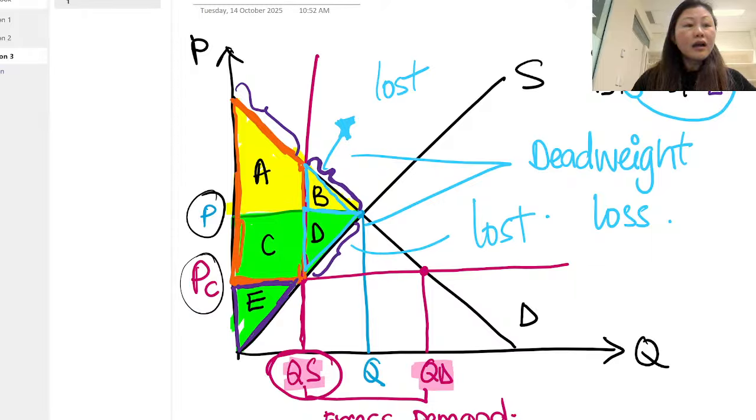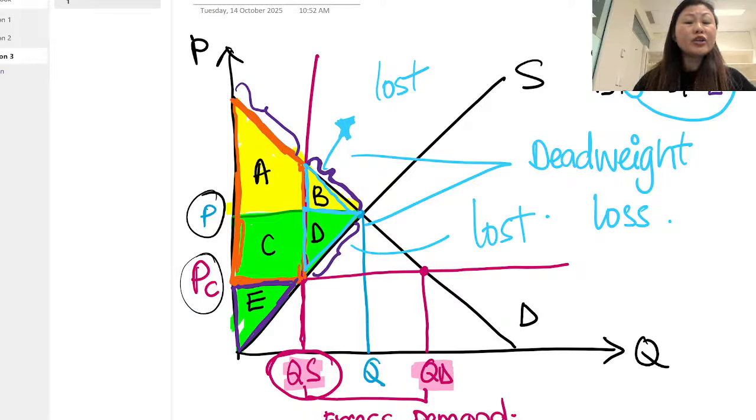Okay. Consumers in Sector B have relatively low willingness to pay. Consumers in Sector A have high willingness to pay. So what am I trying to say?